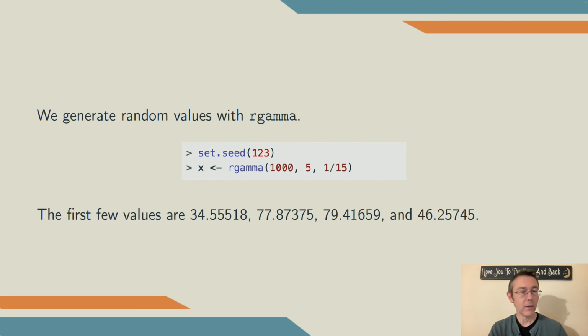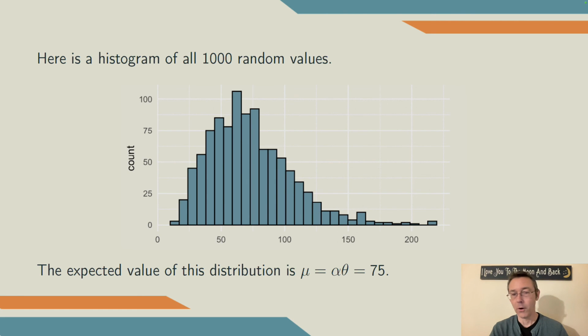The first line that you're seeing here, set.seed(123), is resetting the random number generator, so if you run this code, you'll get exactly the same values I do. The first few of those are 33.56, 77.87, and so on. Here's a histogram of all 1,000 values, and you can see the general shape that you would expect from values generated from a gamma distribution.